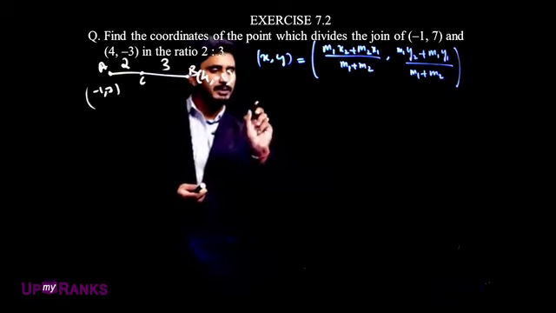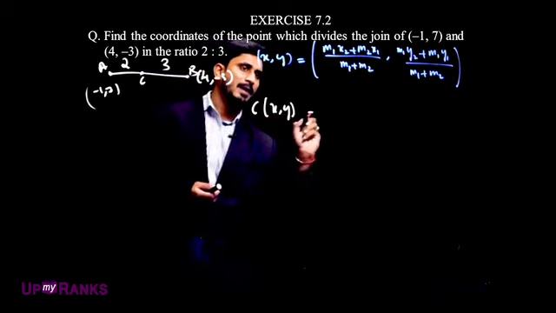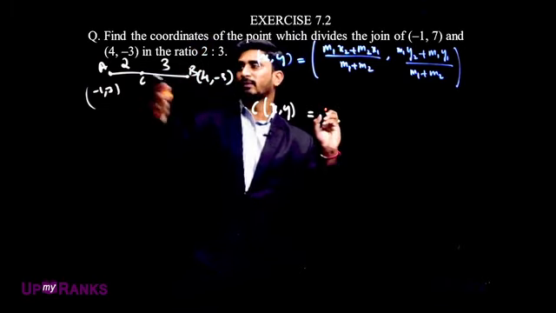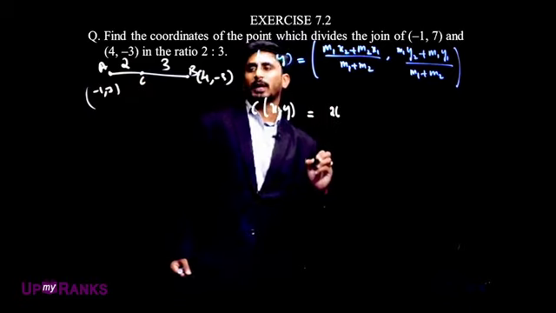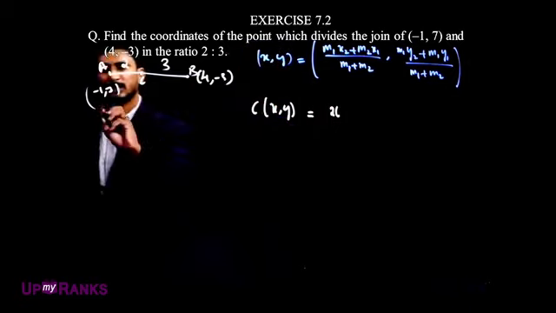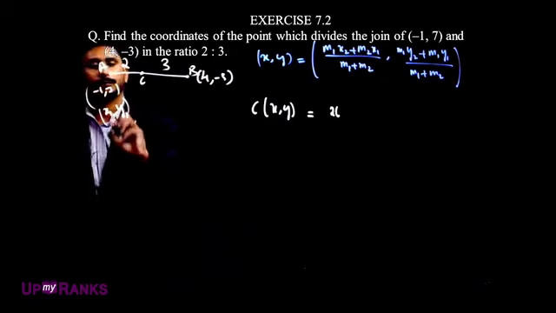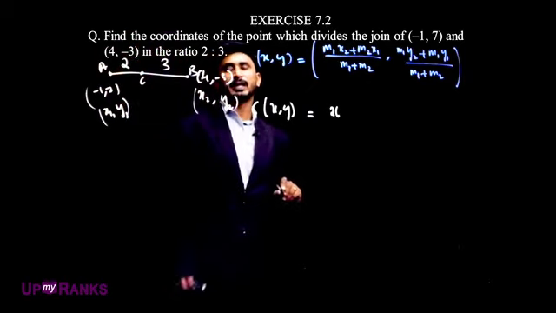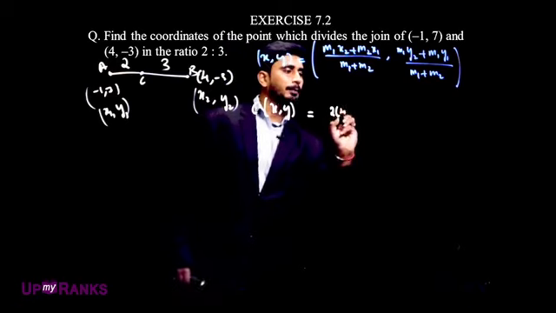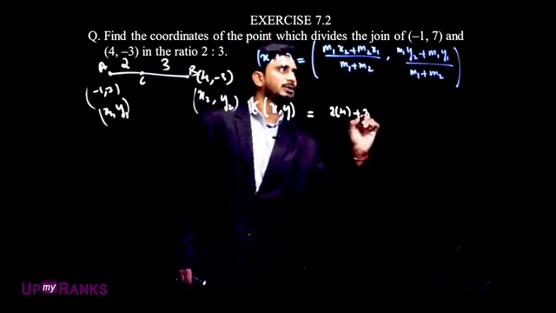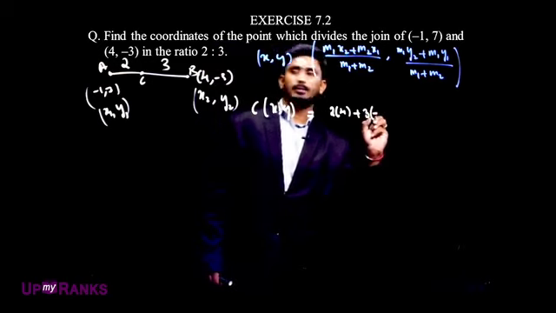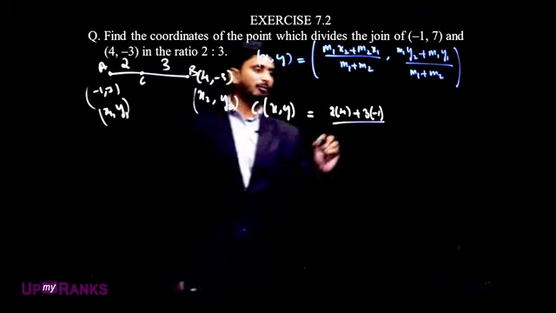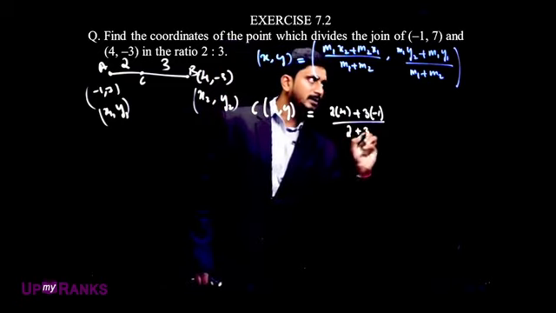So C (x, y) is equal to 2 into x2, which is 4, plus m2, which is 3 into x1, which is -1, divided by m1 plus m2, which is 2 plus 3.